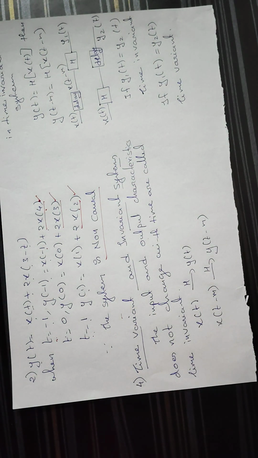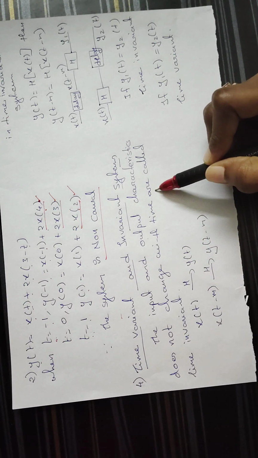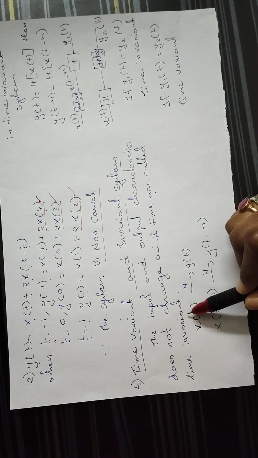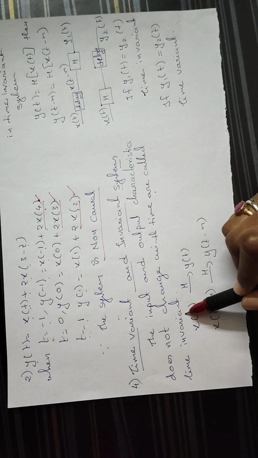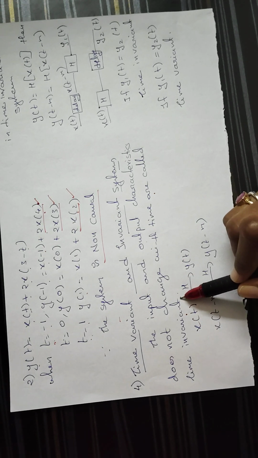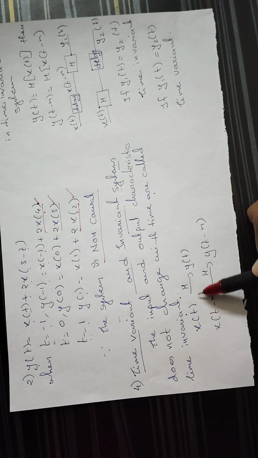So the next type of system is time variant and time invariant systems. Here the systems whose input and output characteristics do not change with time are called time invariant systems. It does not vary with time. If you give x of t to the system, we get y of t.